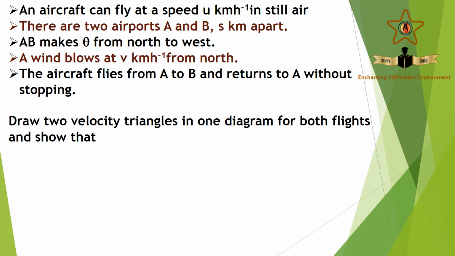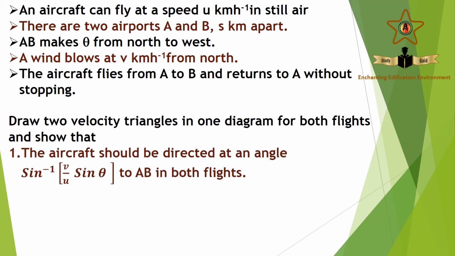Now draw two velocity triangles in one diagram for both flights and show that: part 1, the aircraft should be directed at an angle sine inverse of v over u sine theta to AB in both flights.